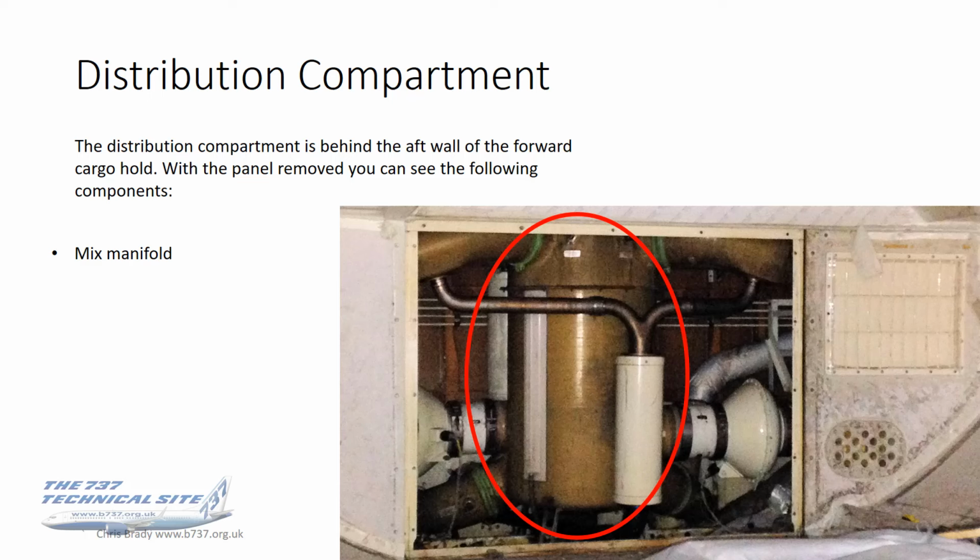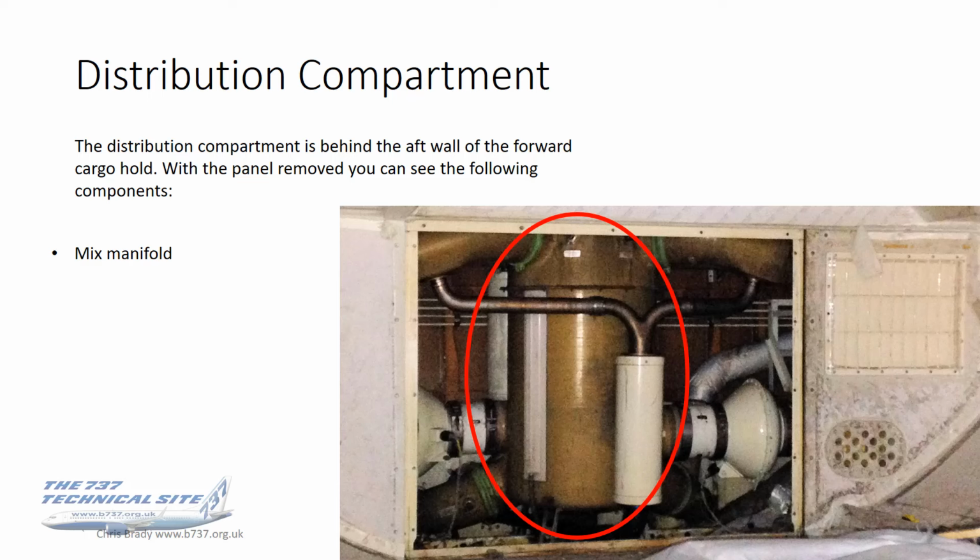And here is what that mixed manifold looks like. This photograph I took when the panel was removed, so you can see all of the workings. This is looking into the forward hold of a 737, looking to the back wall of the forward hold.